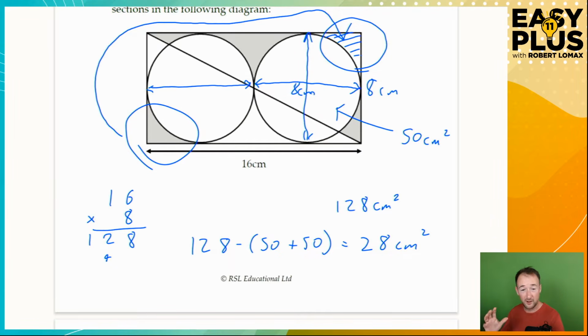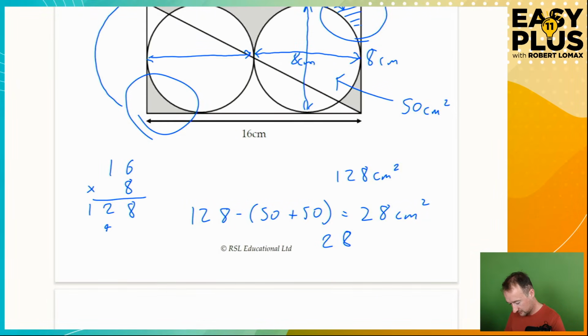So if the total area of all those parts outside the circles is 28 centimeters squared, we just need to half that to find the shaded area. 28 divided by 2 equals 14 centimeters squared. And that's our answer.